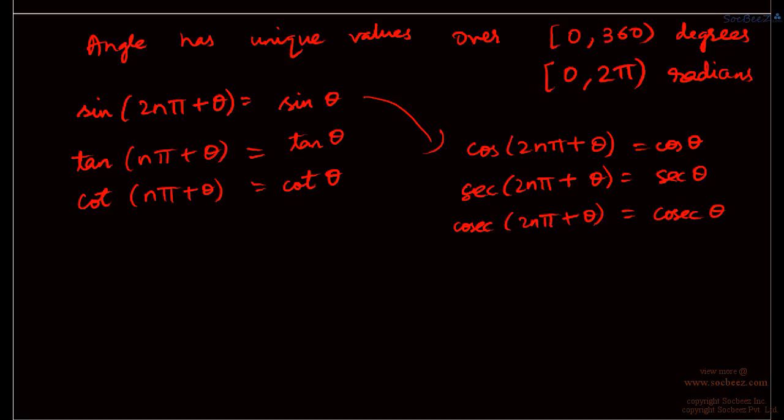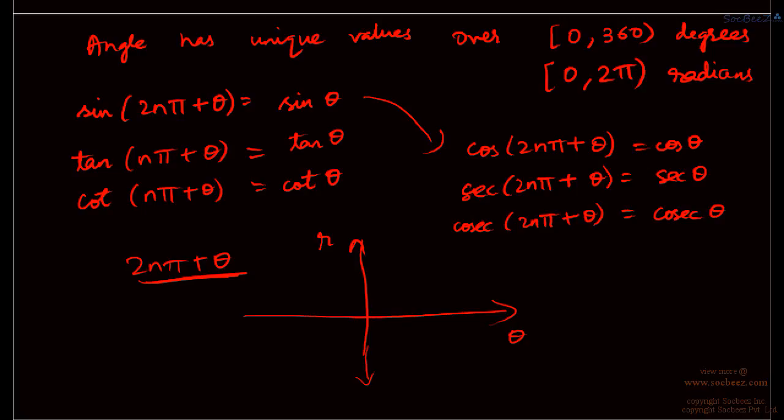Apart from these, we can also write a few other conditions on the allied angles. These are called allied angles because when you draw these angles on an r theta plot, suppose this is our theta in the counterclockwise direction, which is the default. 2n pi plus theta means you take rounds, 2 pi, then 4 pi.